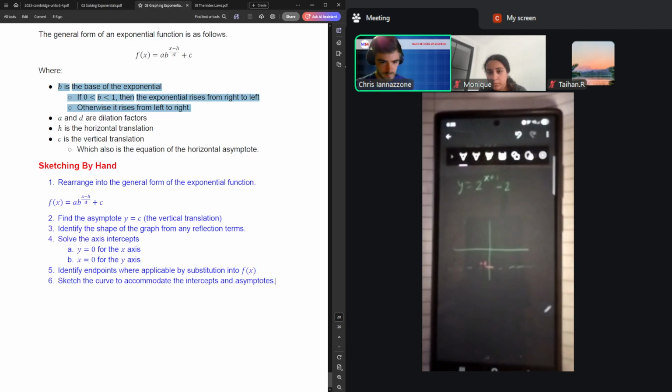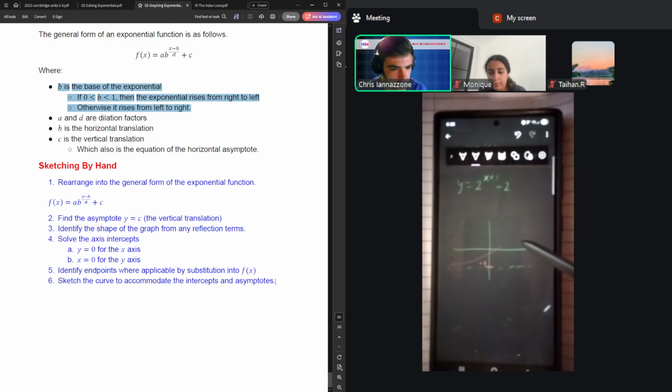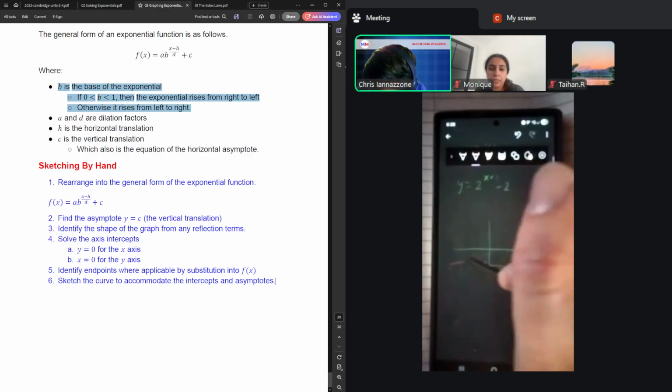Because the base is greater than 1, would it rise from left to right? That's right, yeah. So we're going from left to right, and we're going to have roughly this sort of shape.